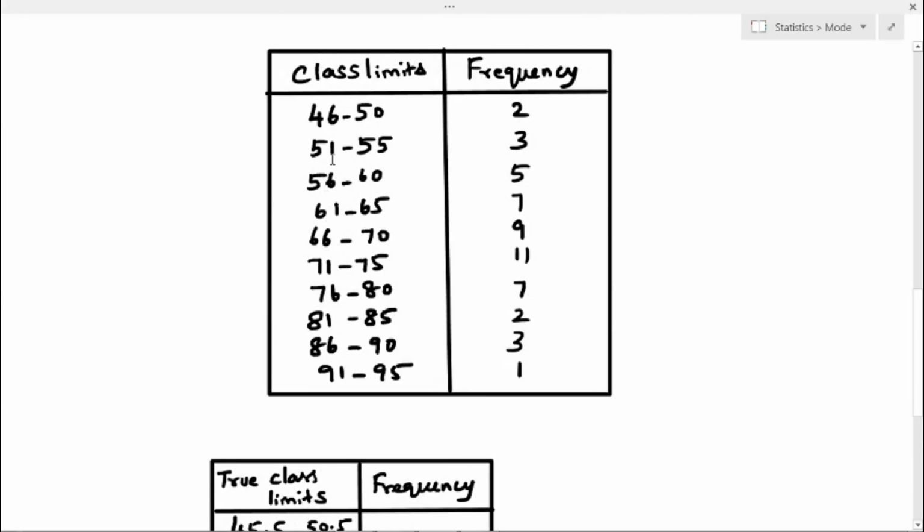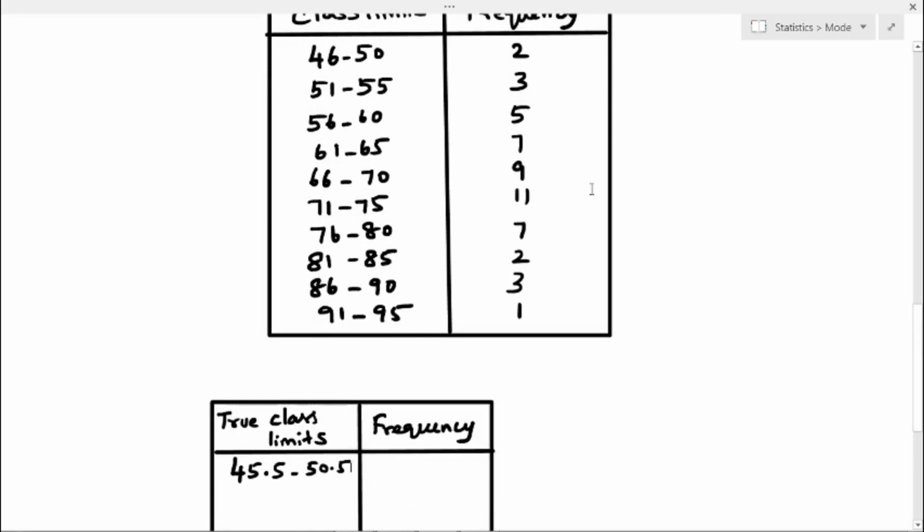Next, the second value, 51. If you subtract 0.5, you get 51 minus 0.5, that is 50.5. Similarly, if you add 0.5 to the upper limit 55, it becomes 55.5. Likewise, you have to calculate the remaining values.